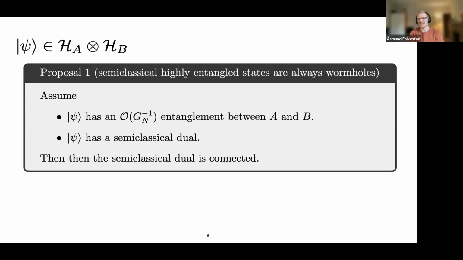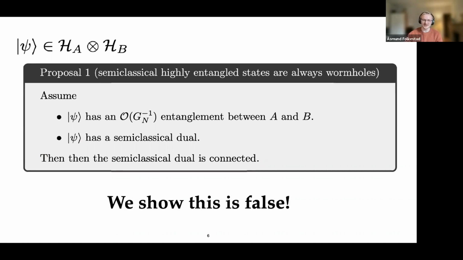That seems like a reasonable conjecture to have, and in the classical limit, it is true. But we're going to show in this talk that this is actually false. Once you include quantum corrections in the bulk, or work to subleading order in 1/N, this is no longer true.